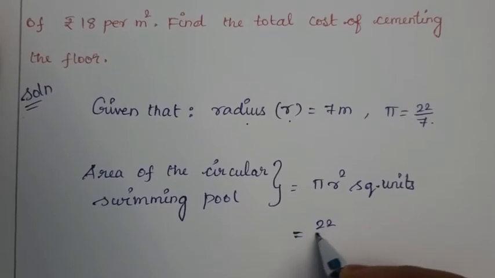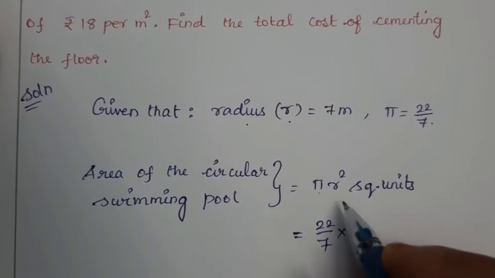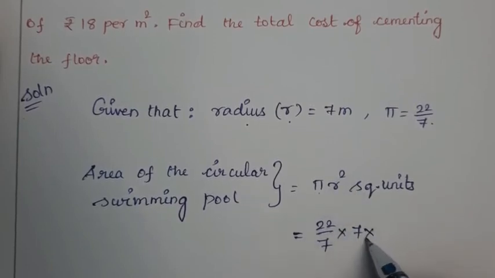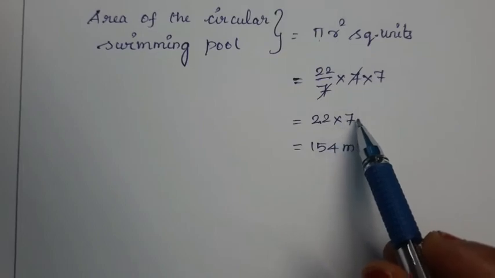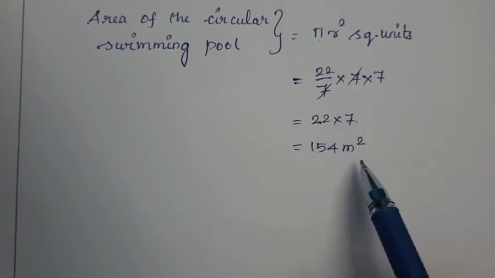Here 22 by 7 is the value of pi and 7 is the value of radius. Radius square means we should multiply the radius twice. By cancelling 7 by 7, we get 22 into 7. 22 sevens are 154 meters square.